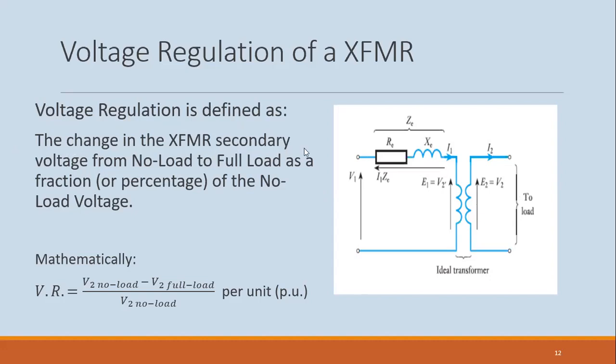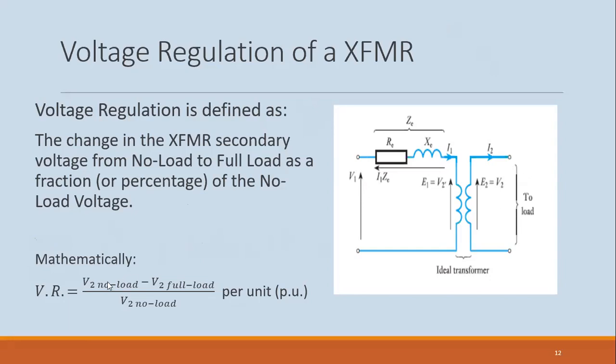So it's the change in the transformer secondary voltage from no load to full load as a fraction or percentage of the no load voltage. All right. So suppose the transformer is rated, say, at 400 volts.